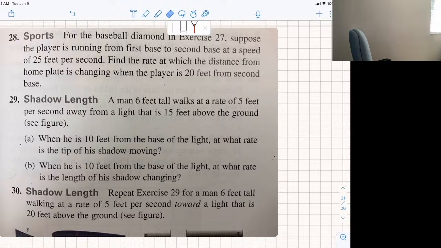Similar triangles, but is there any difference between A and B? A is asking about the tip of the shadow moving. B is asking at what rate the length of the shadow is changing. Are they any different, or are they the same?